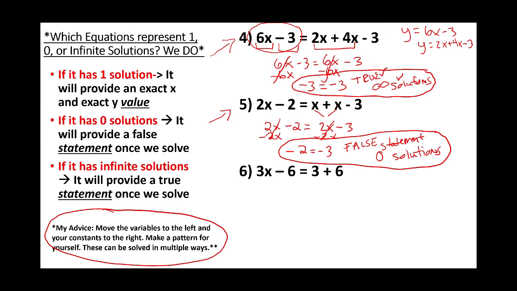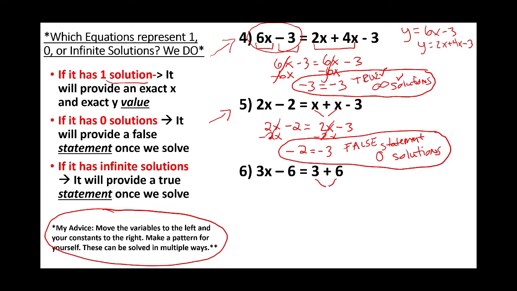If you did all the math right, but you ended up with different numbers at the end for the false statement or even the true statement, it doesn't mean you did it wrong. You just solved it a different way. The only one where it will give you an exact number is for the one solution. If you get a certain x, everybody should get that same exact x because that's exactly where it crosses those two lines. So let's look at number 6.